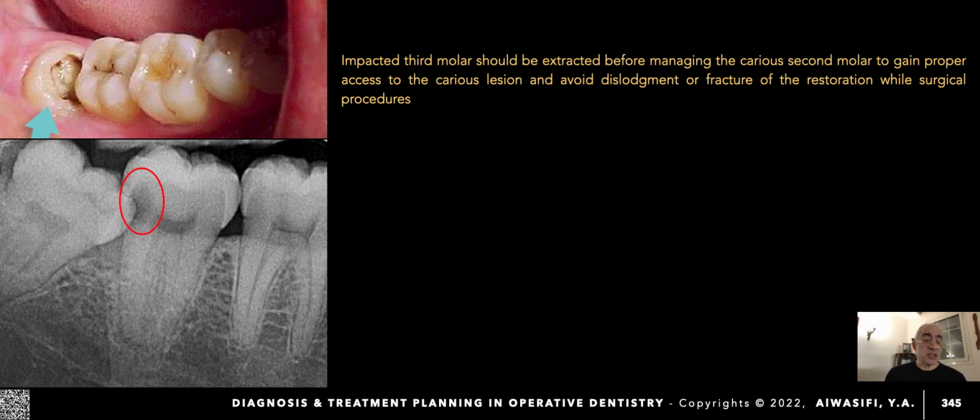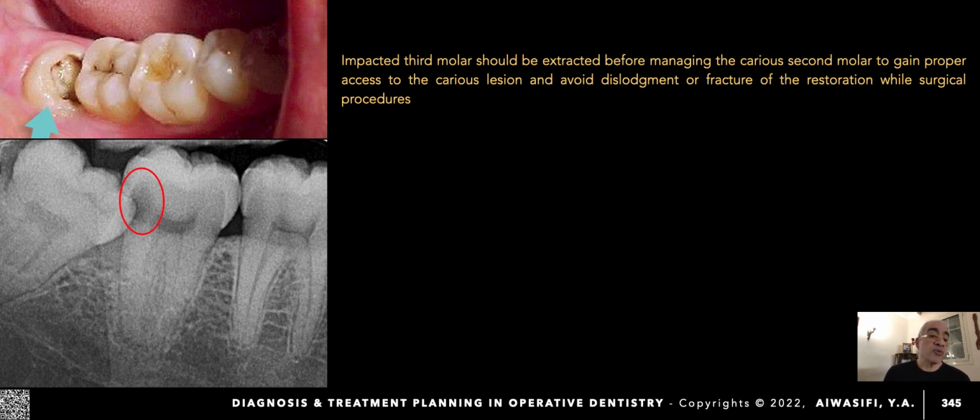In such a case, the picture showing that the mesial cusp of the lower third molar is impinged under the cervical line of the second molar and causing distal caries.